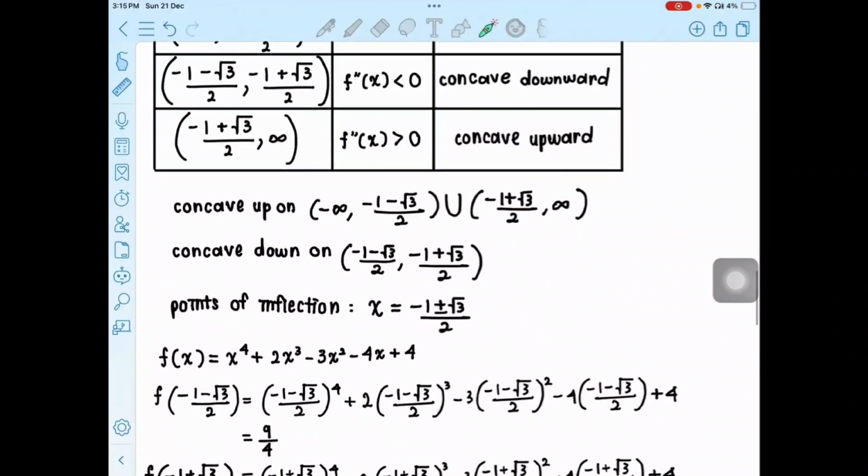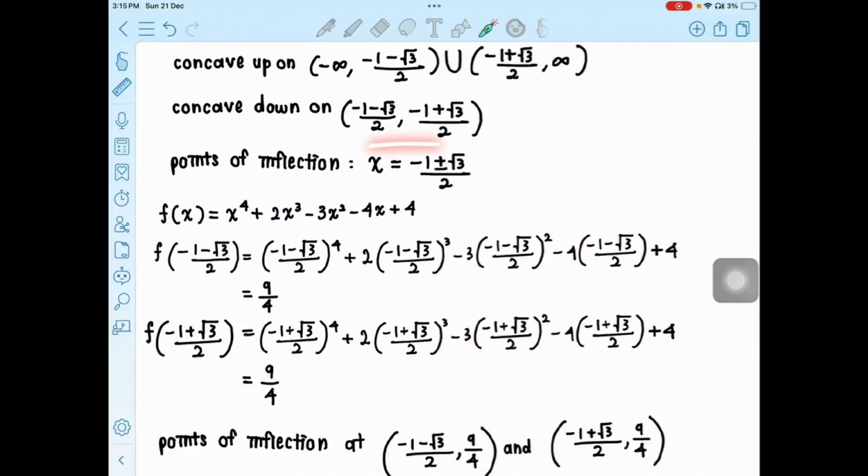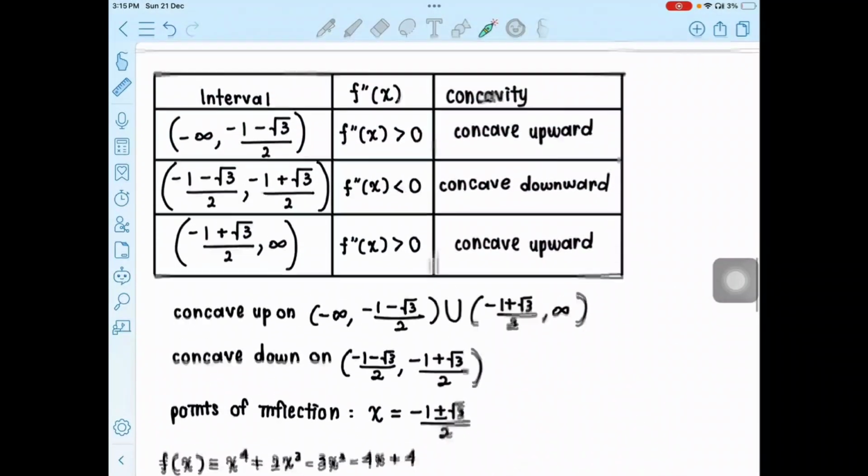So from that, we get that it is concave upward on this and this for the x value, and concave downward here, like this, while upward is like this. So these are the points of inflection that we get from the table.